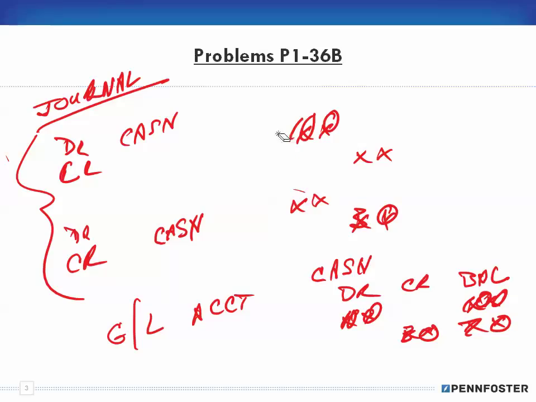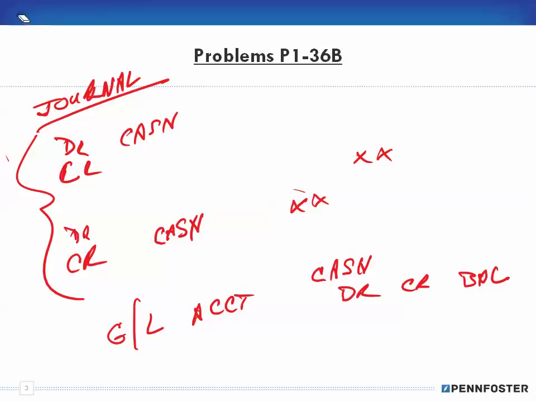Let me erase all of that and make it nice so I can see it, because it's starting to look sloppy. So let's say this debit was $100 and I had a credit to something else for $100. And then I have a debit for 30, and I have a credit to my cash for 30.